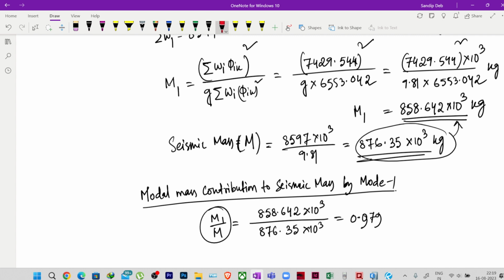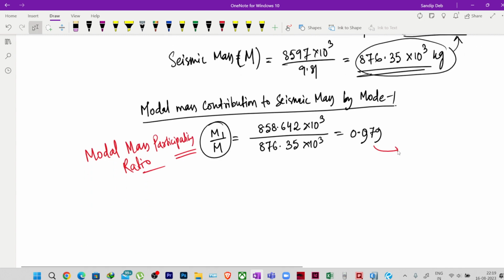So this is what my modal mass participating ratio is for this mode 1.